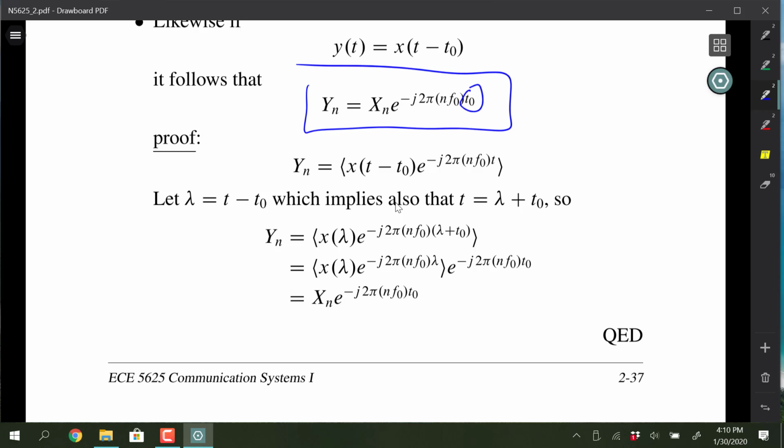And when we get up to Fourier transforms, this will become just f, and that will be that theorem from Fourier transforms that would say y of f is equal to x of f times e to the minus j 2 pi f t0. So this is like the sampled frequency version because we're talking about periodic waveforms. So we have n f naught there instead.